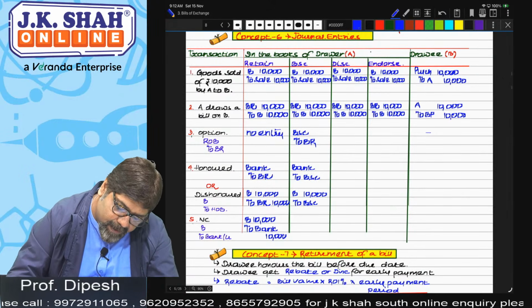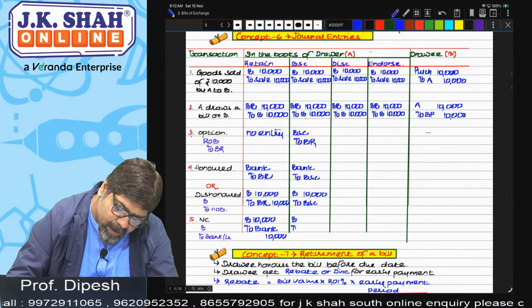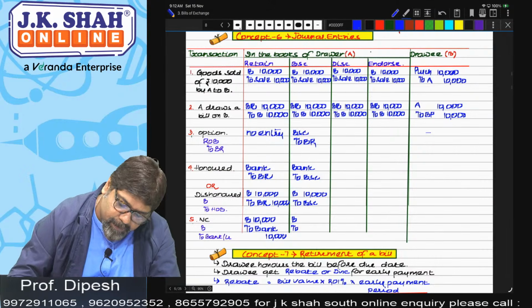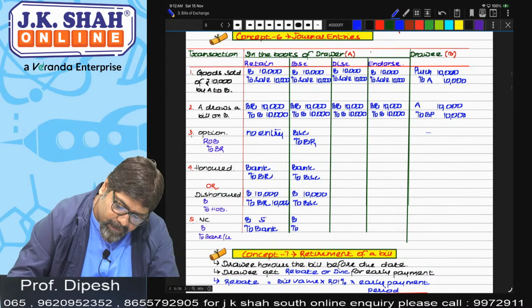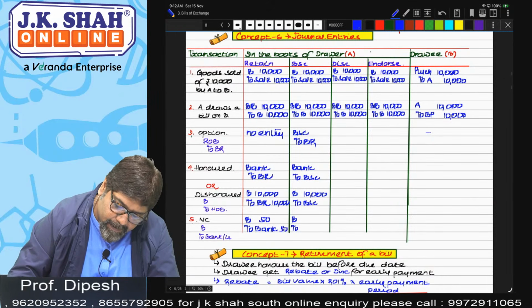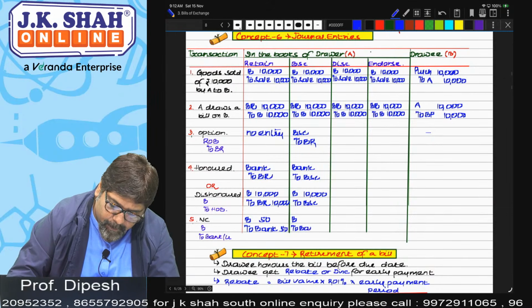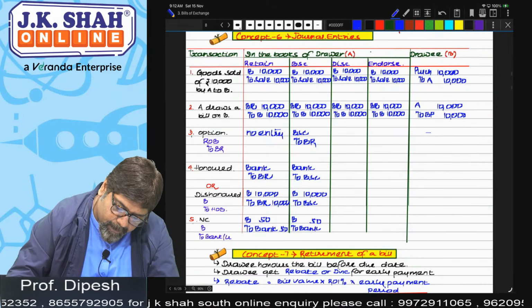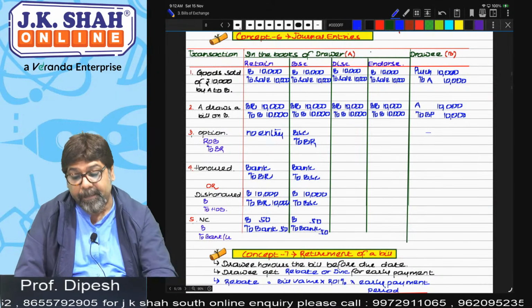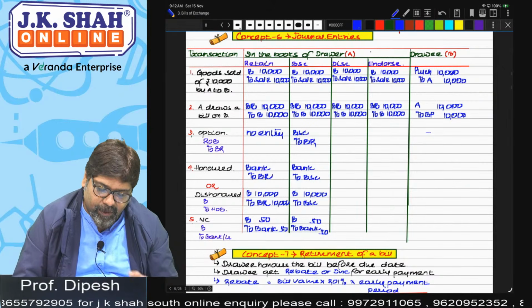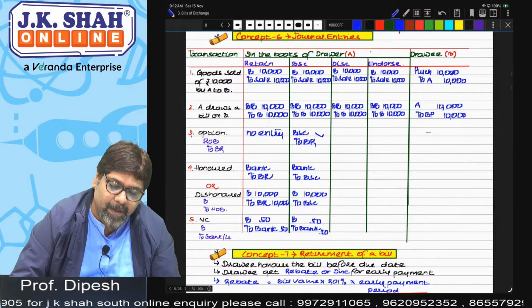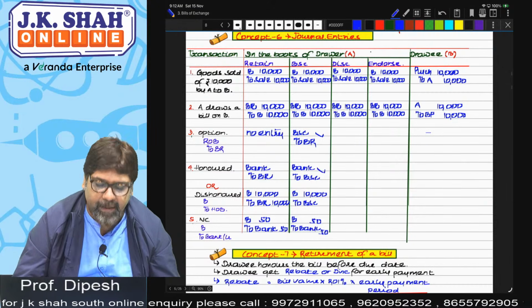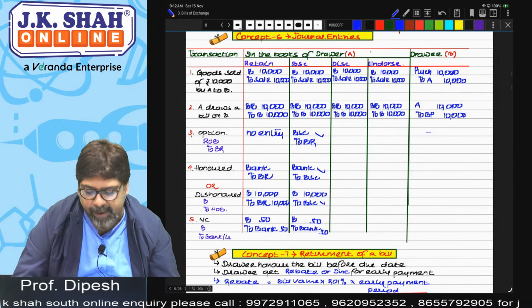Noting charges, I'll take it from B. Noting charges 50 rupees, B to bank. Correct? Yes. So when you send the bill, BSC to BR. If the bill is honored, bank to BSC, I got the money. If the bill gets dishonored, B to BSC.